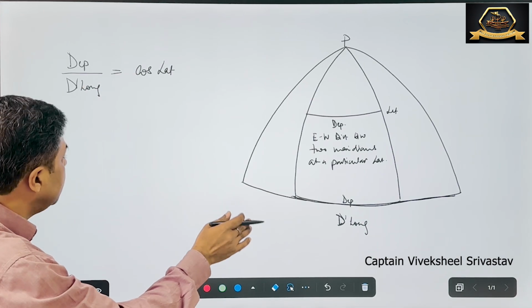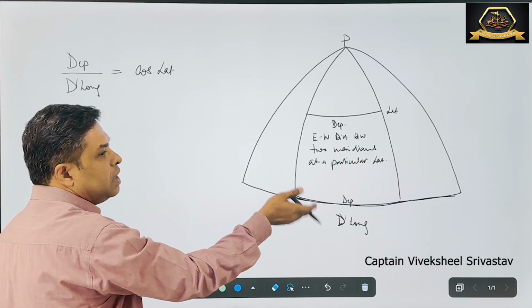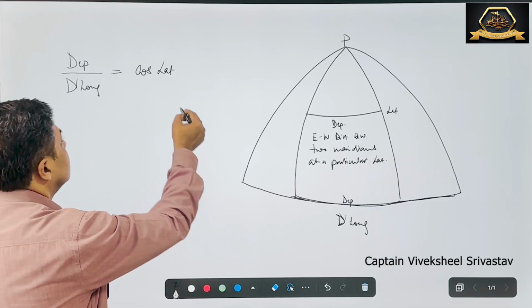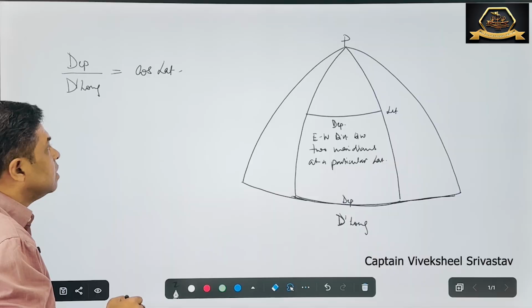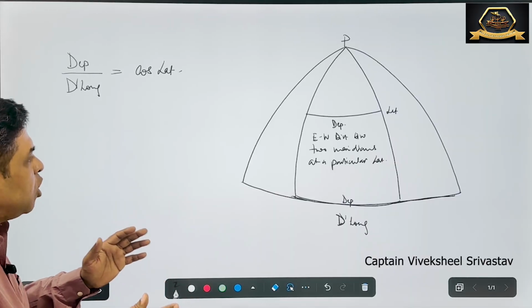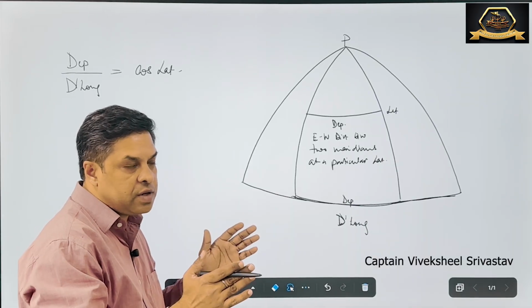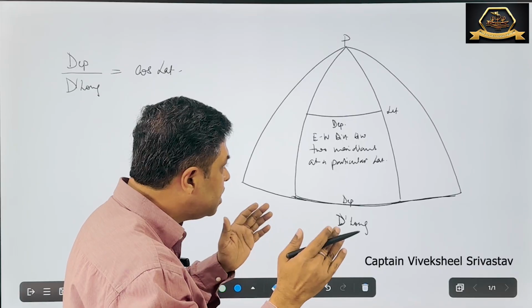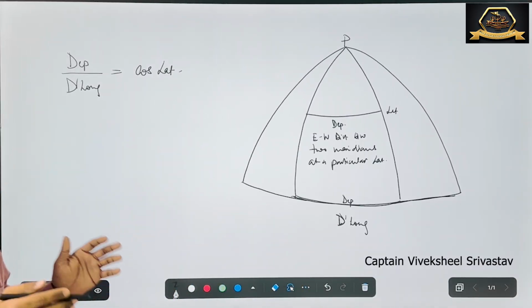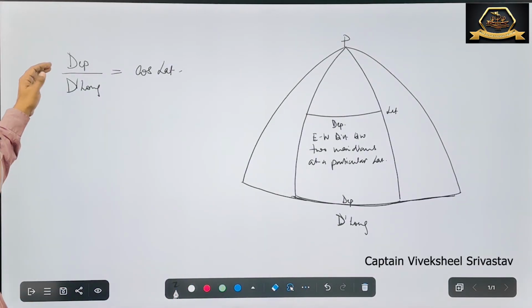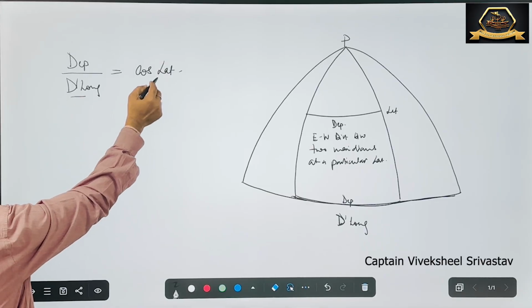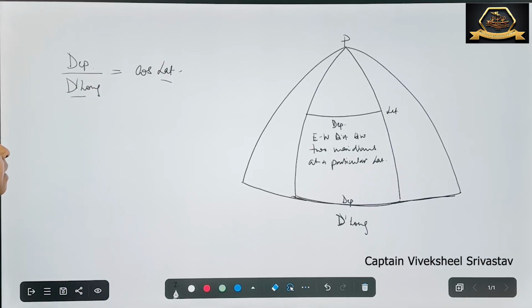Now as you can see, departure is dependent on latitude, hence latitude is over here. And also since we are talking about departure between two meridians at a particular latitude, the d long between the two meridians is also important. So all the three values are over here, and this is the relationship which governs the departure between two meridians at a particular latitude.